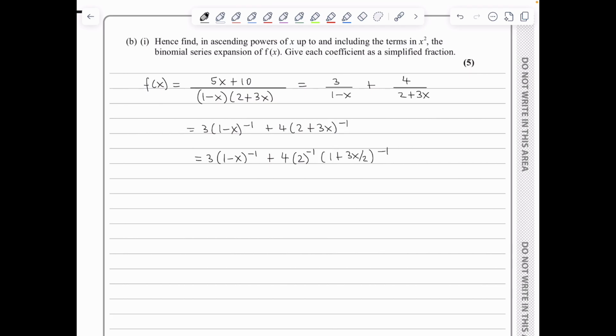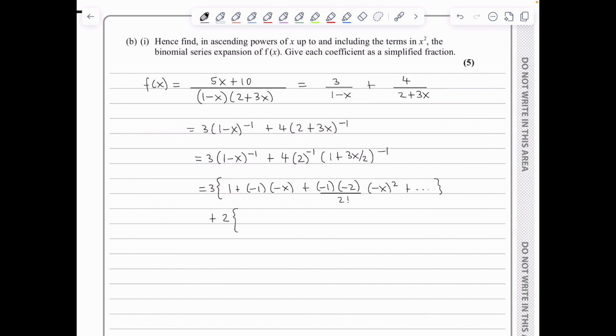So we're looking at 3, and we expand using the binomial expansion. We've got 1 plus the power of negative 1 times the negative x plus the power of negative 1, we deduct 1, we go to negative 2 over 2 factorial times the negative x squared plus dot dot dot. And then we've got 4 times 2 to the negative 1, which is simply 2.